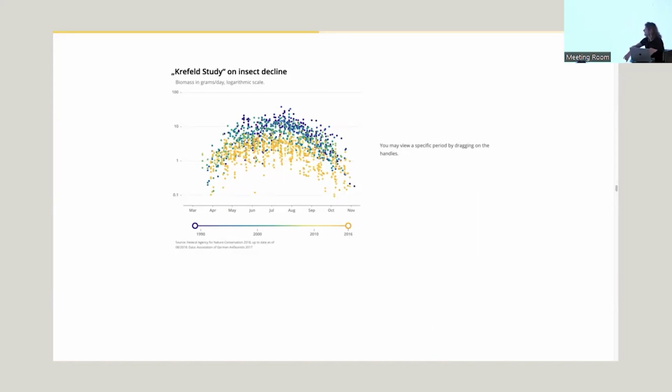This data comes from a Malaise trap, a roughly 1 square meter tent which collects biomass. One dot you see is one trap at a specific time. Over the years, on a logarithmic scale, it just goes down and down and down.